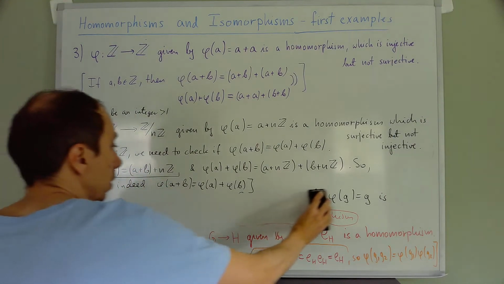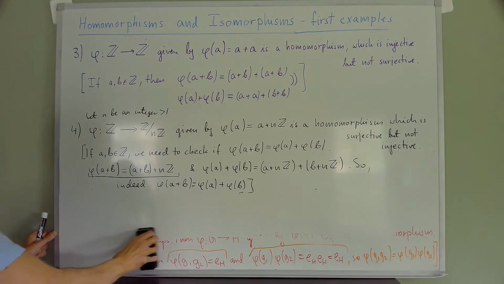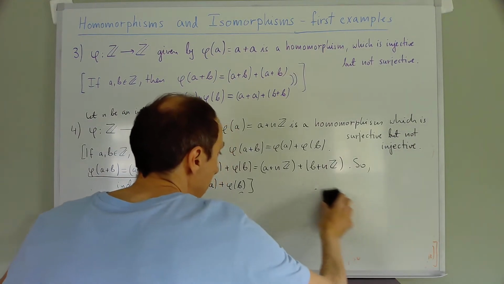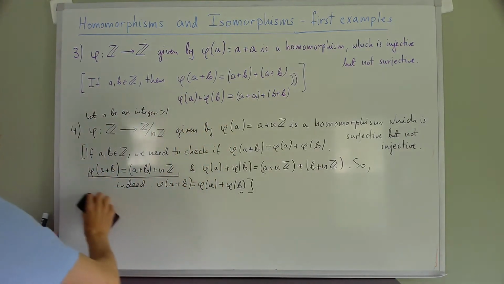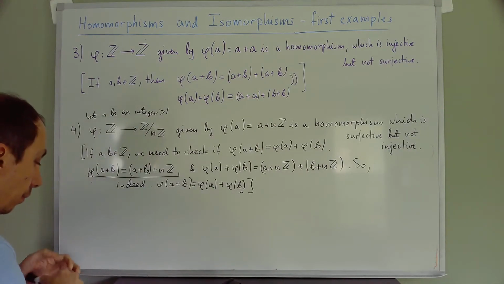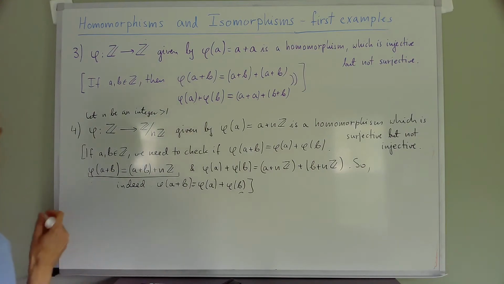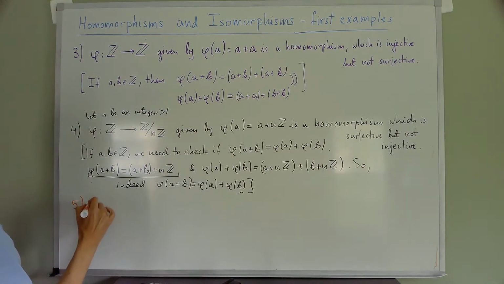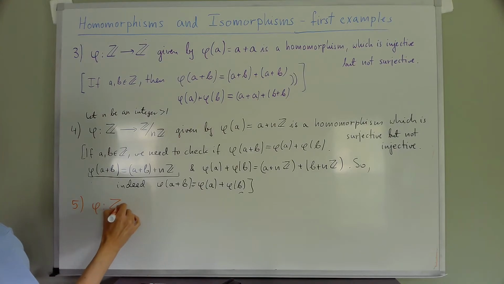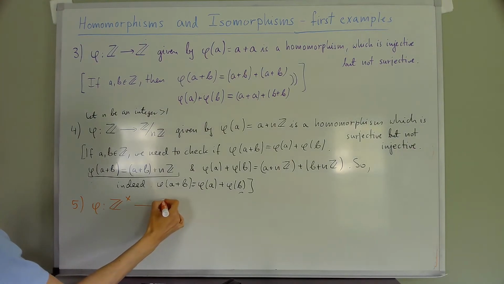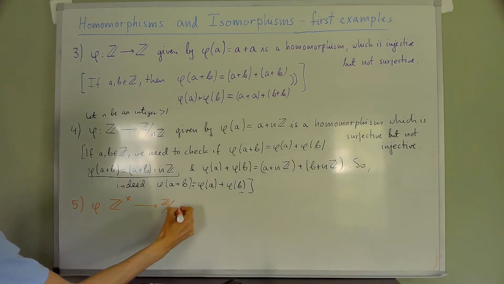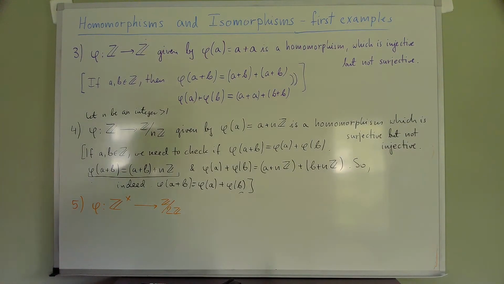Right, let's look at more examples. Example 5: phi from Z cross to Z mod 2Z. First of all, what's the binary operation here?